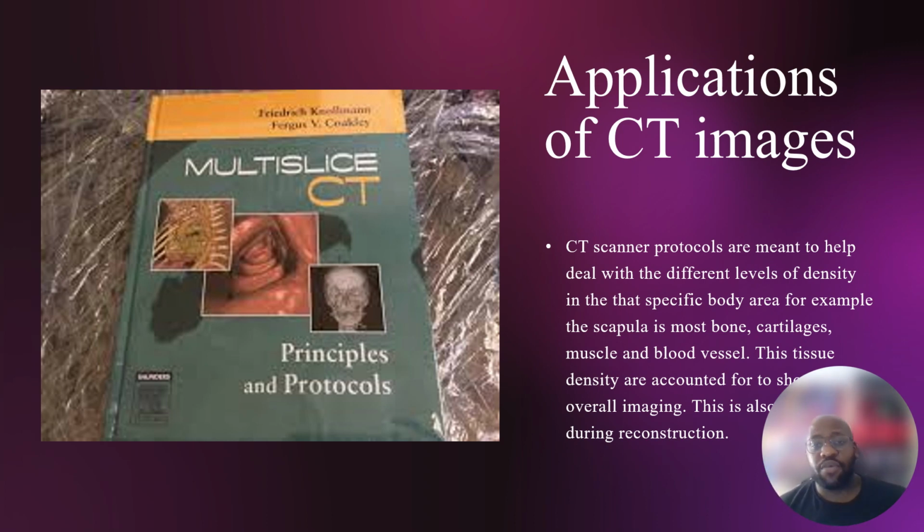So for example, if you don't pick the right protocol and you do an extremity, which is usually a lot thinner than a thorax, and then you go to CT that thorax, you're not going to get a good contrast in the sense of bones to tissue, which can become a headache.